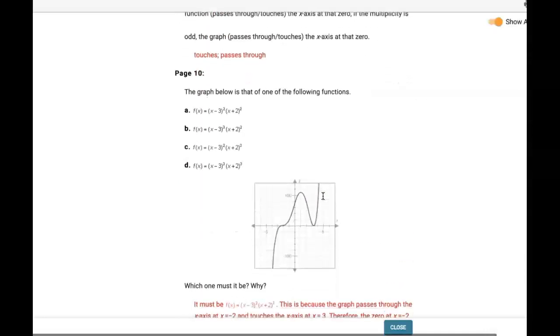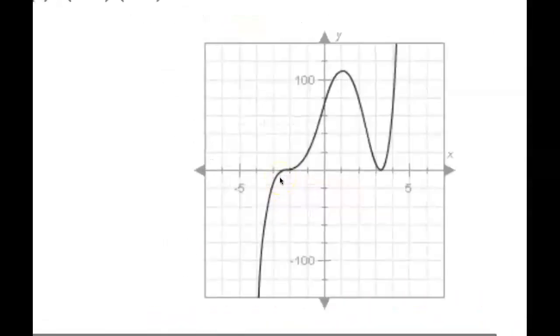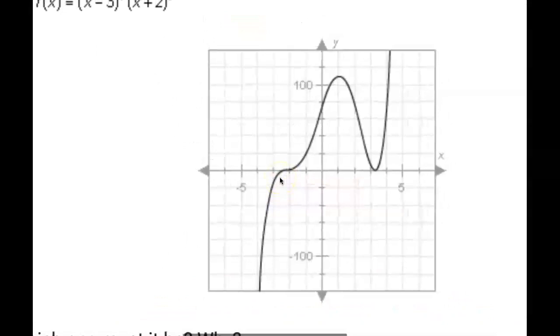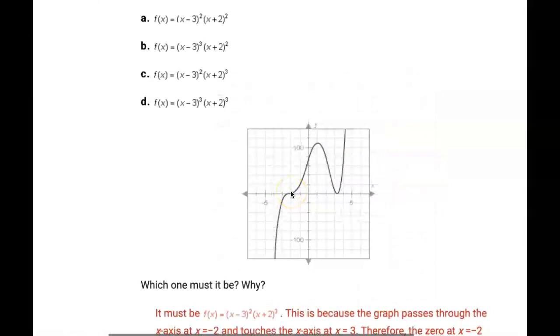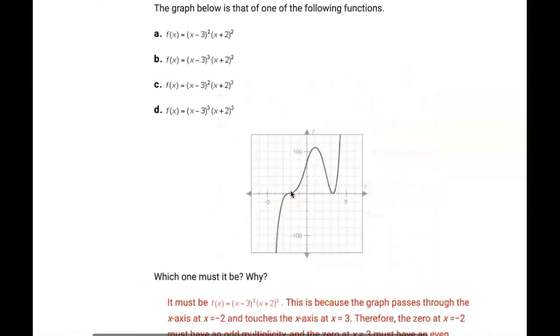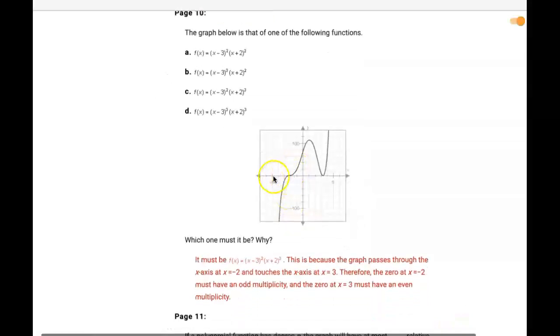So, for example here with number 10, again, zooming in because it's really, really difficult to see. This one is clearly touching, and this one looks as though it's passing through, assuming we only have 1 there.